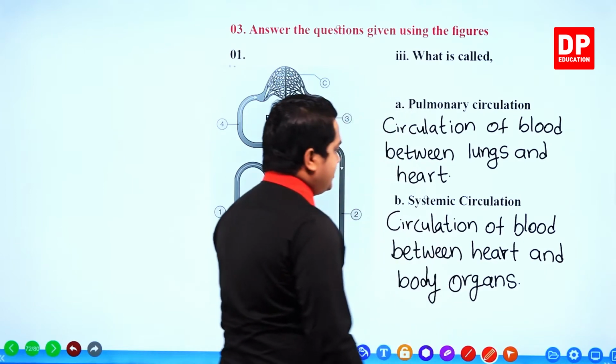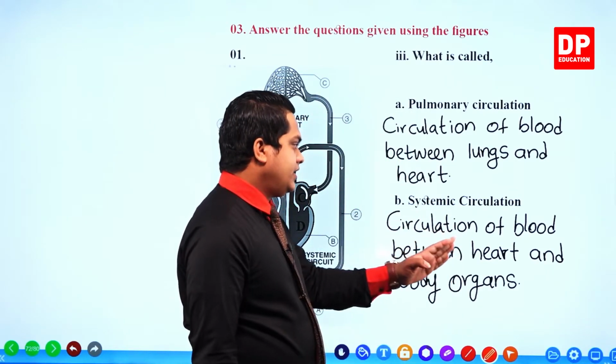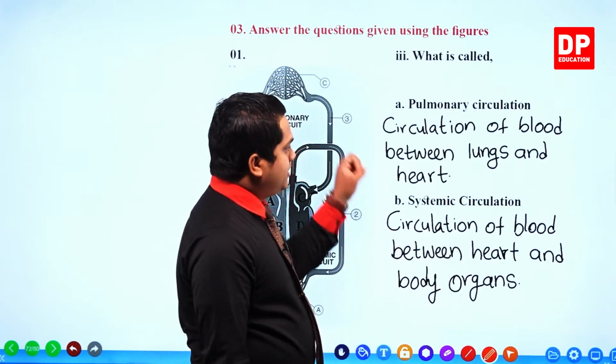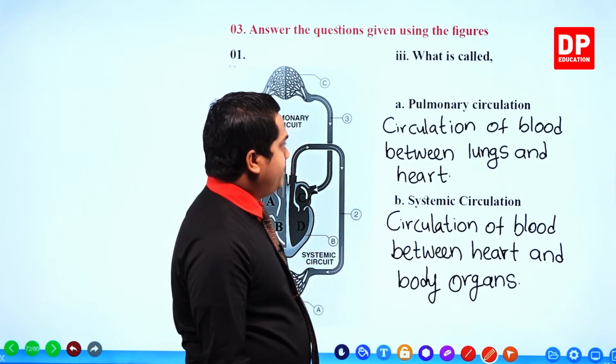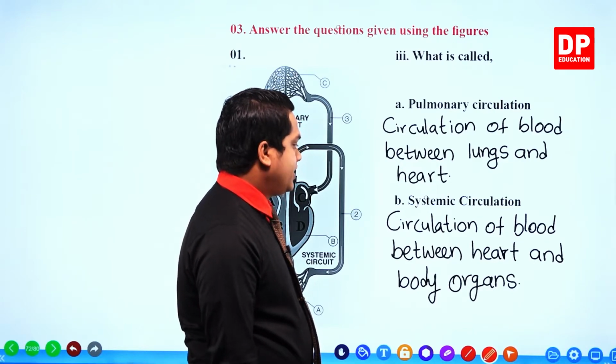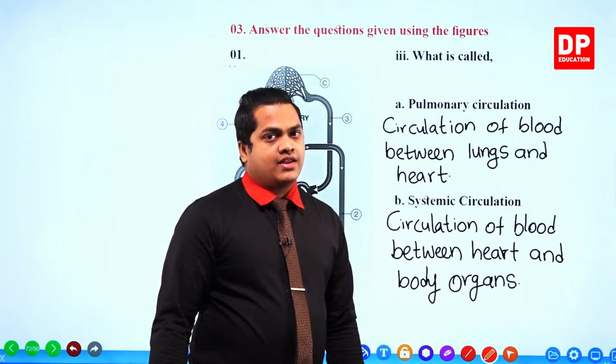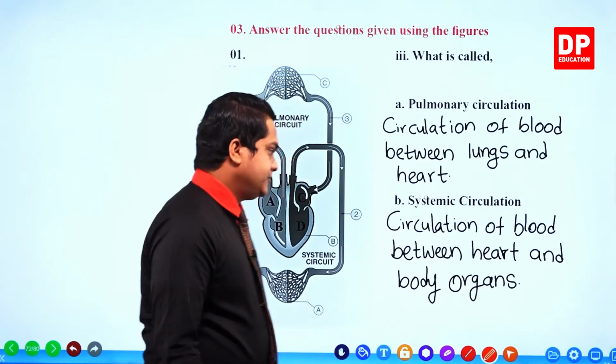Right? So systemic circulation means circulation of blood between heart and body organs. Pulmonary circulation means circulation of blood between lungs and the heart. Okay, so this is what we mean by systemic circulation and pulmonary circulation.